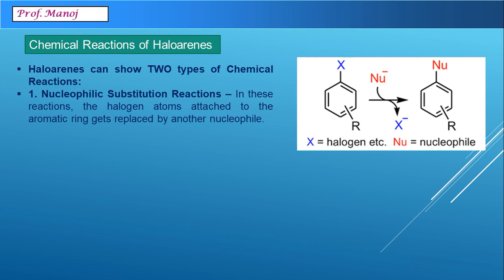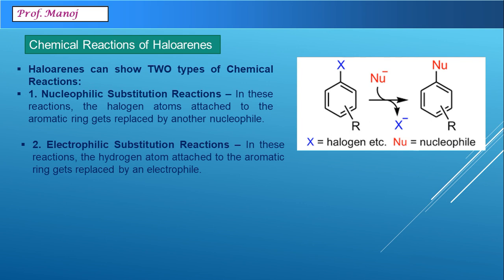In this schematic reaction, the blue colored group X is replaced with the red colored nucleophile, and X comes out as a byproduct. Here we have written R intersecting the ring. This symbol indicates that any side chain is possible at any position, like ortho, meta, para. This is a general representation.